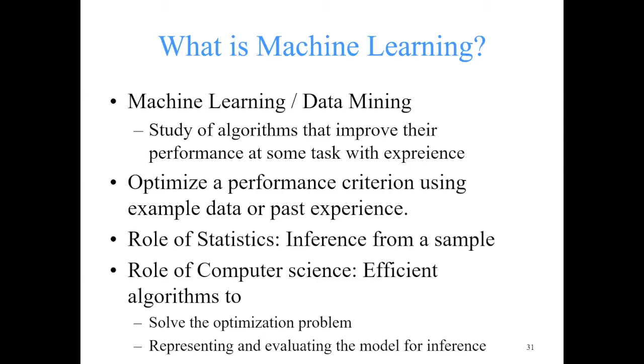And by efficiently, I mean getting a good solution in a reasonable amount of time. So this is where computer science comes in, finding ways to improve the algorithm and make it result in faster and better solutions.